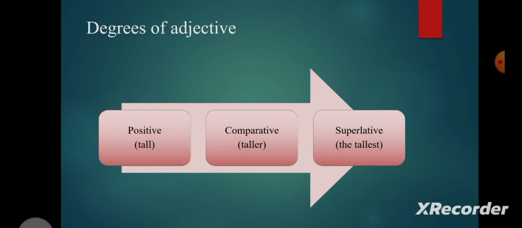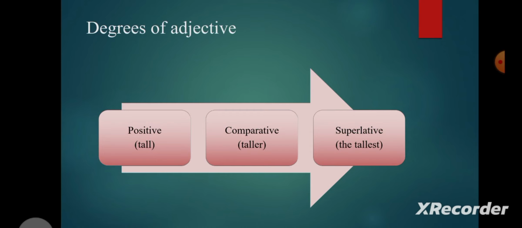Abdullah is taller than Ali. As I told you in positive degree that you may use able, strong. In the same way, in comparative degree, you may use abler, stronger, more beautiful, uglier, angrier, warmer, hotter, cooler, colder, and higher.